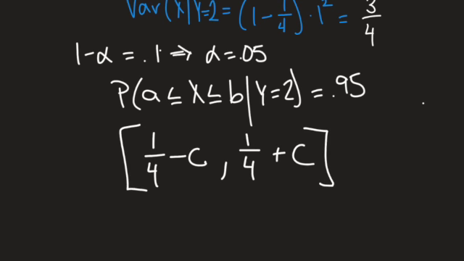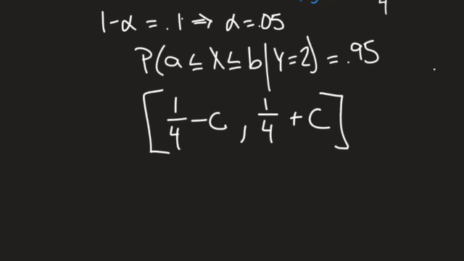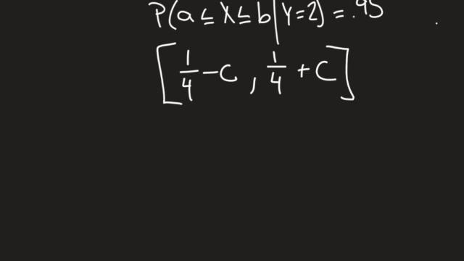We can do this because it's symmetric, because of the expected value and the type of distribution we're dealing with. Thus I know what my a and my b are. We can take it a step further and see if we can solve for what c exactly is.